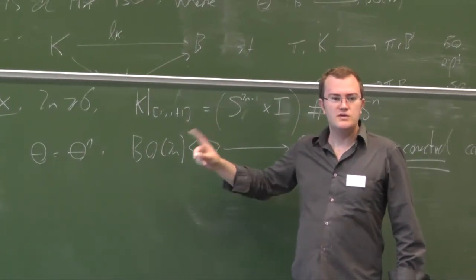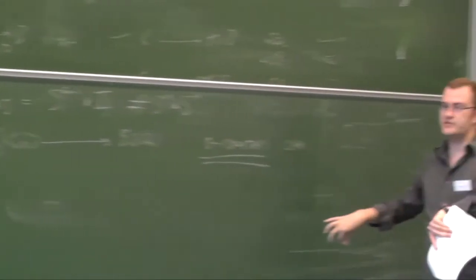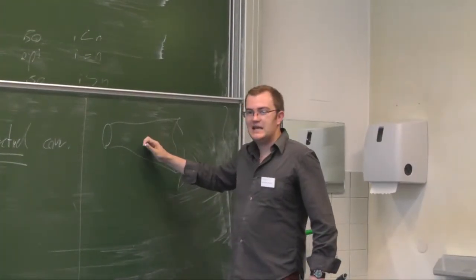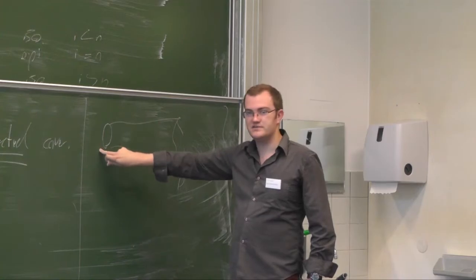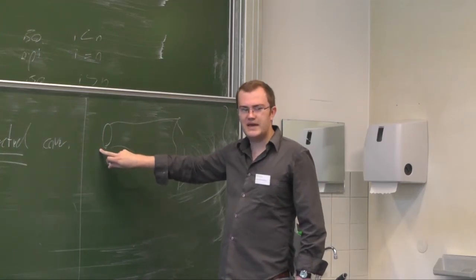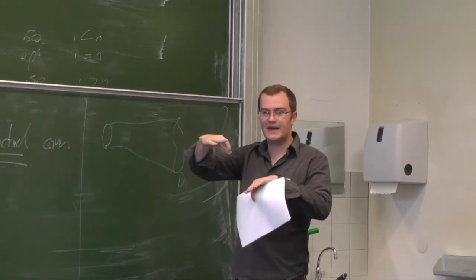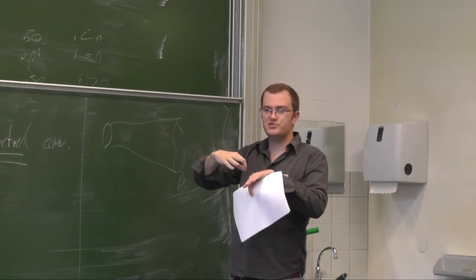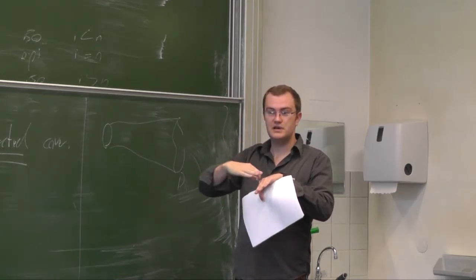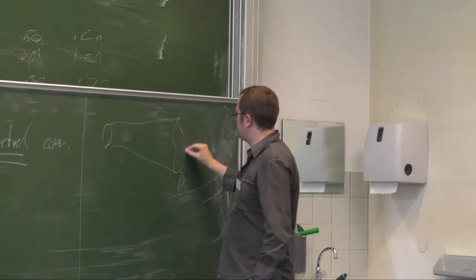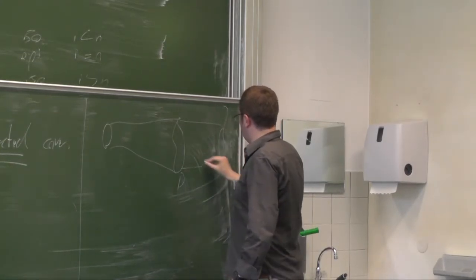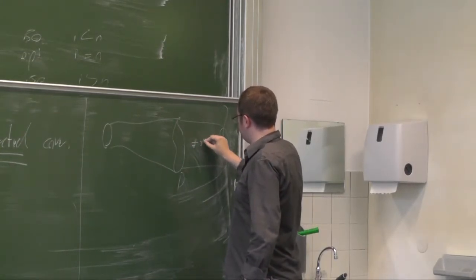By standard handle body theory, I can very nearly make it only have handles of index n relative to that end. I can make it have handles of index n and n plus 1 just by handle trading. And then there's a small obstruction to getting rid of the last one. But you can always kill that by gluing on one of these things to connect some S^n plus S^n.